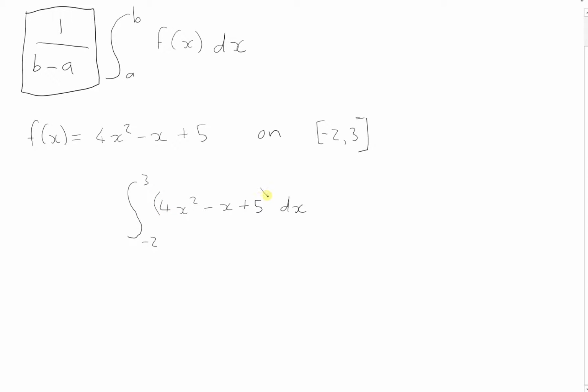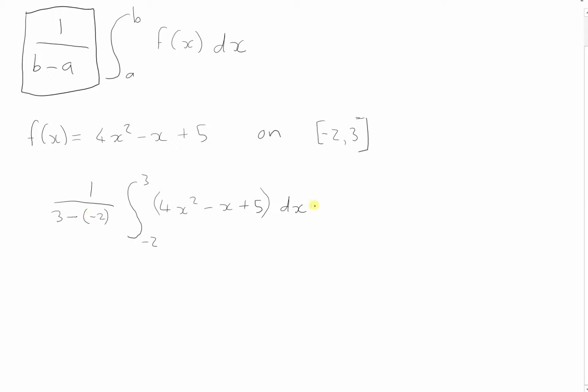And what I'm going to do over here is now deal with the outside. Can you see it's b minus a, b being your upper limit and a being your lower limit? So it's going to be 3 minus -2, and I open parentheses there because can you see that once they multiply each other, it's actually going to become a positive. So you always have it as minus, by the way.